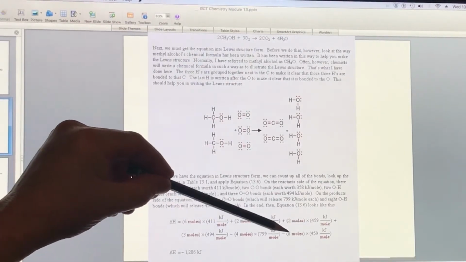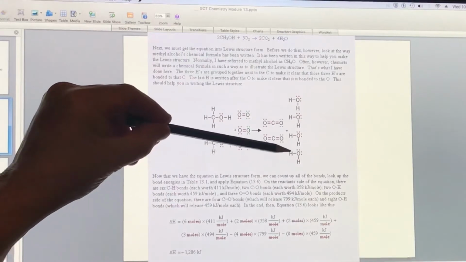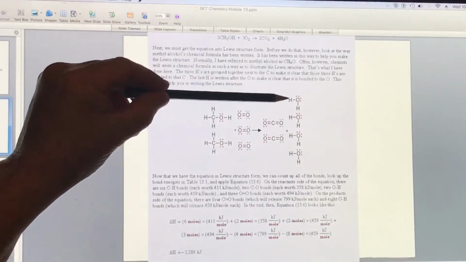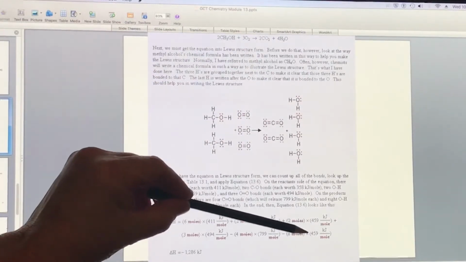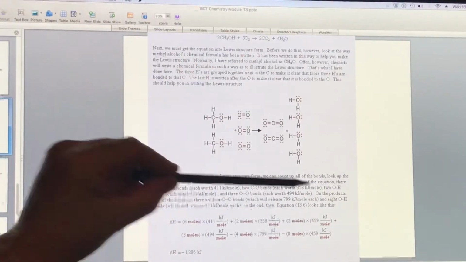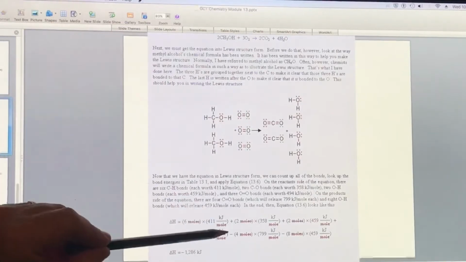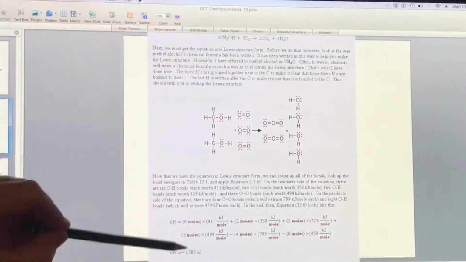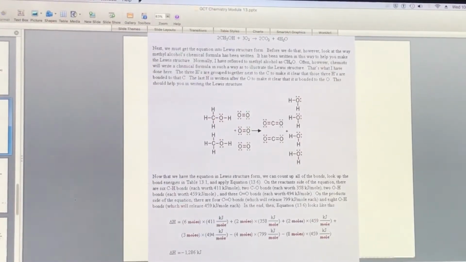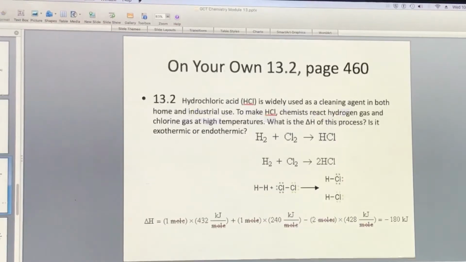And then finally you have 8, 1, 2, 3, 4, 5, 6, 7, 8 of the oxygen hydrogen bond, and then you get a value for this. So you'll have a value for all these subtracted by a value for all these, and you get the delta H. It's negative, and I can't remember if it asked, but that would definitely be exothermic because you have a negative value for the delta H.